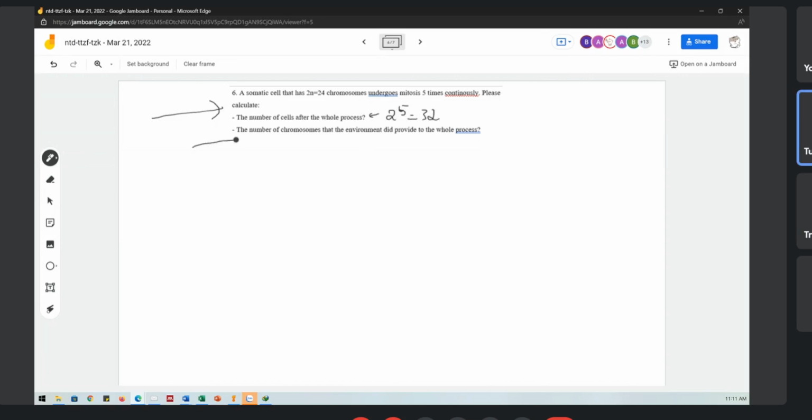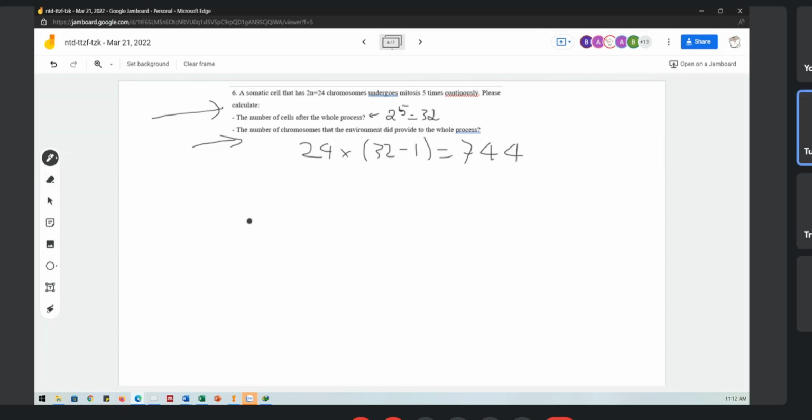About the number of chromosomes, after the mitosis, each cell will have the same chromosomes as the parent cell. So each will have 24. Then multiply by 2 to the power 5 minus 1. Yes, and it's 24.